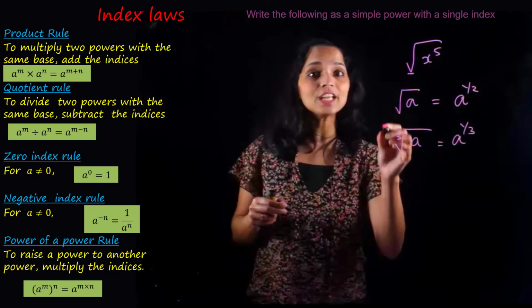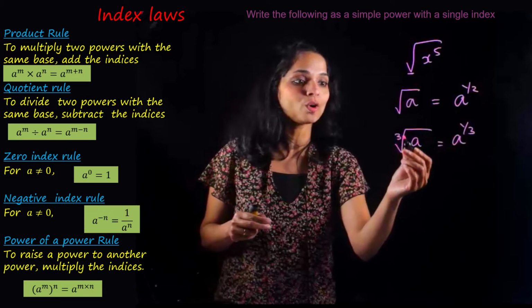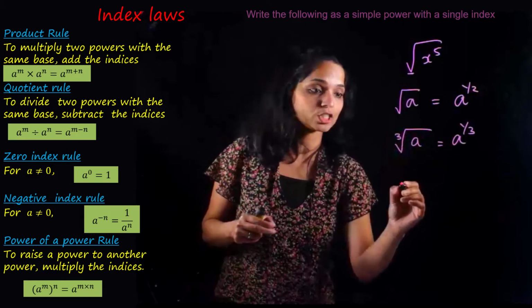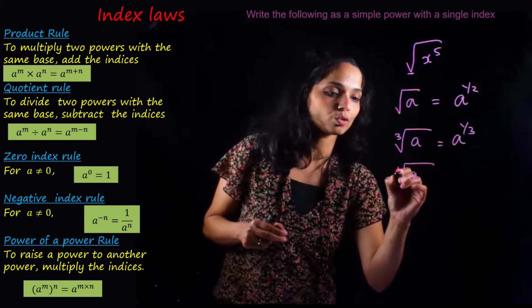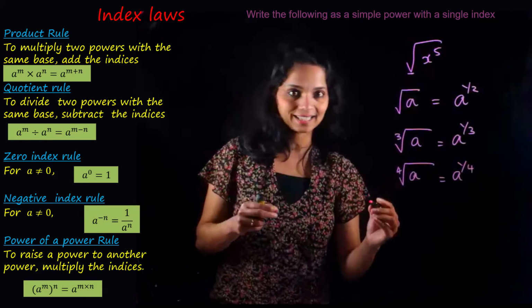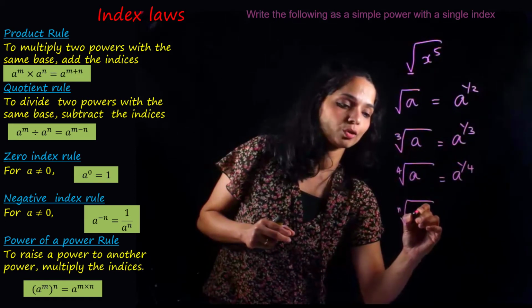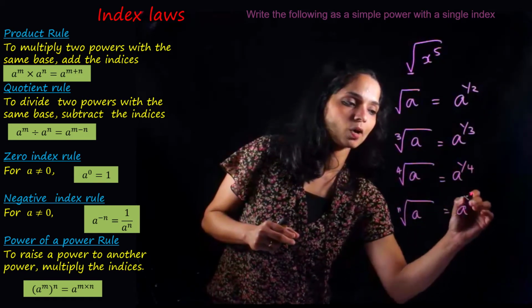So every root can be written in terms of a fractional index. You should know which root we are going to take. The fourth root of a is a to the power 1 on 4, or in general, the nth root of a is a to the power 1 on n.